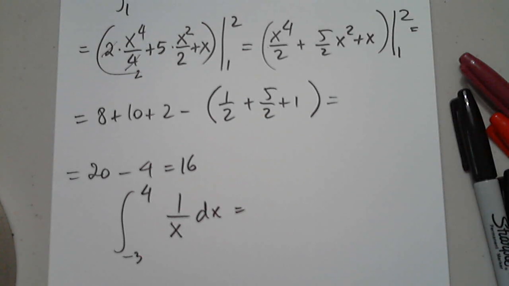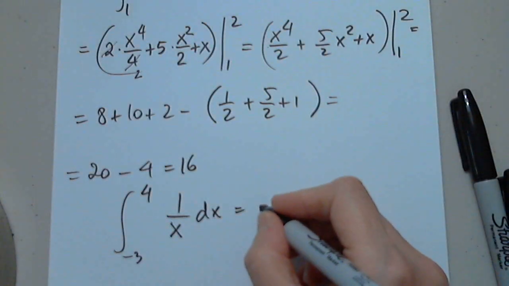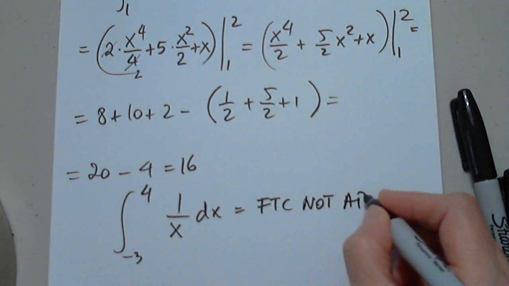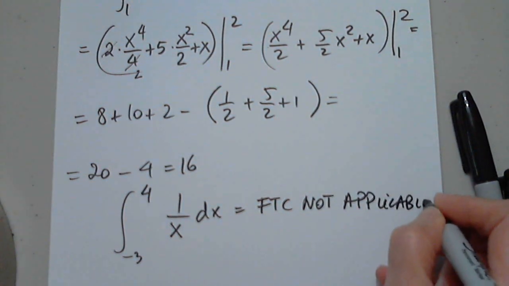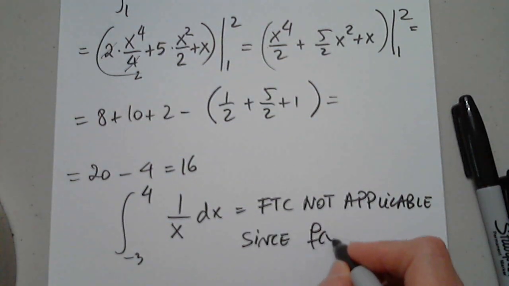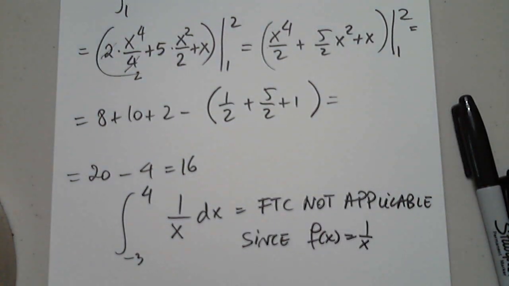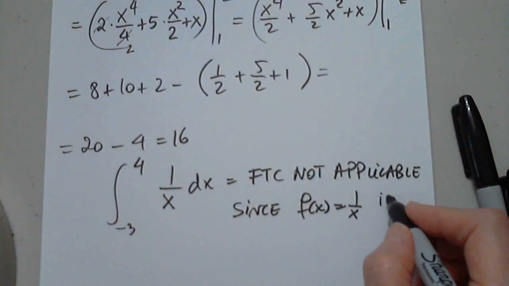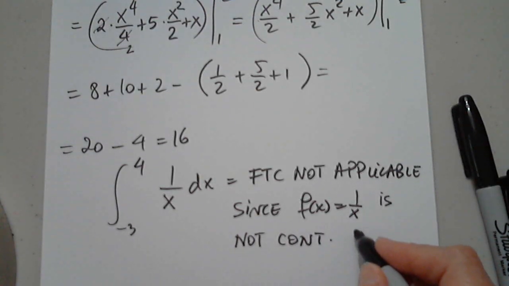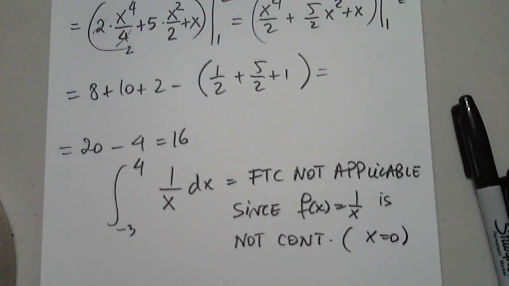It's okay if you're wrong. ln x. Say it again. ln x. Okay. Right? FTC not applicable since f of x, which is 1/x, is not continuous, specifically at x equals 0.